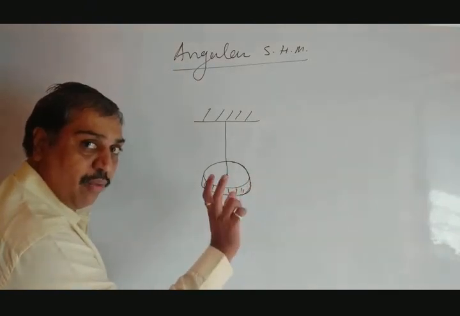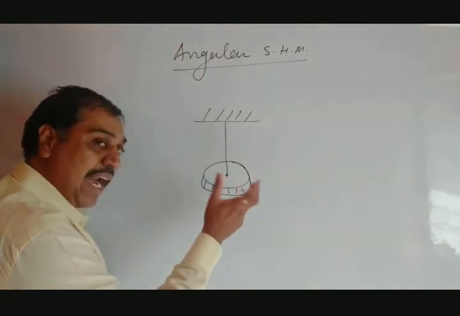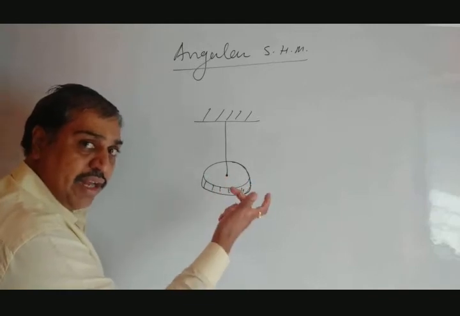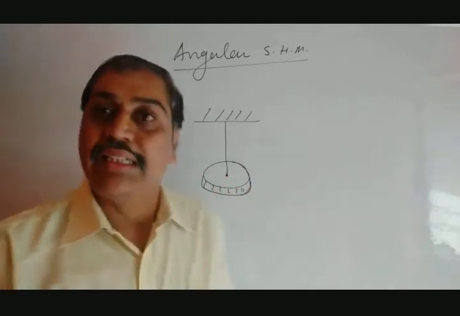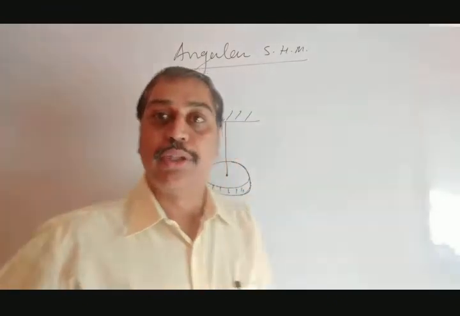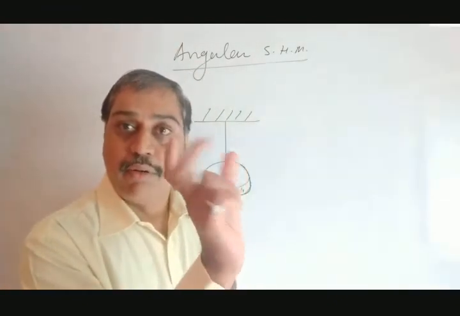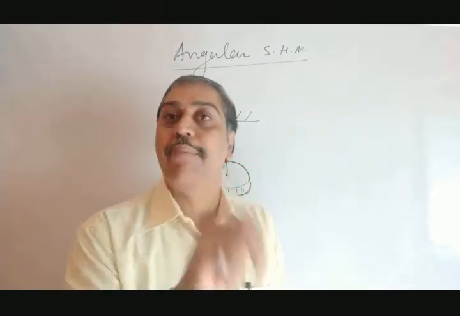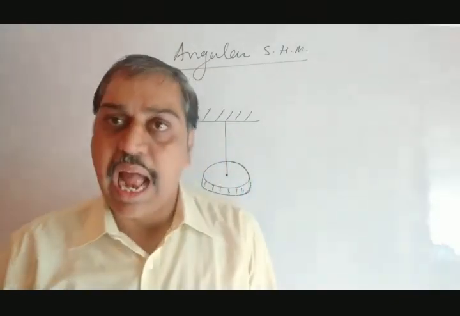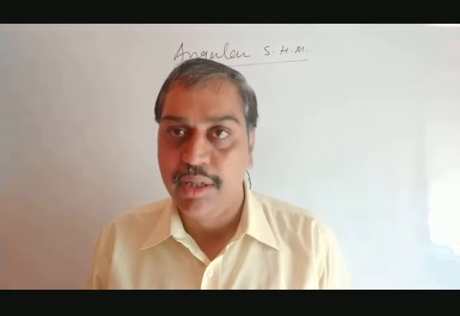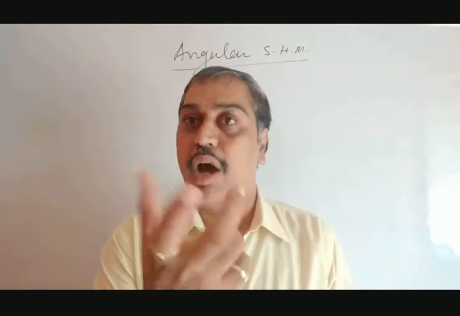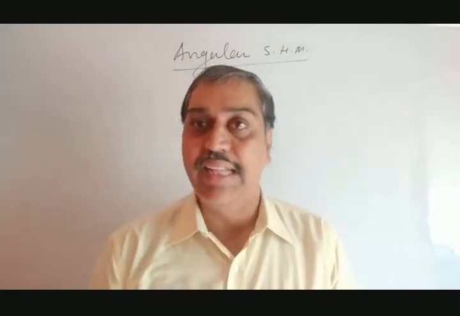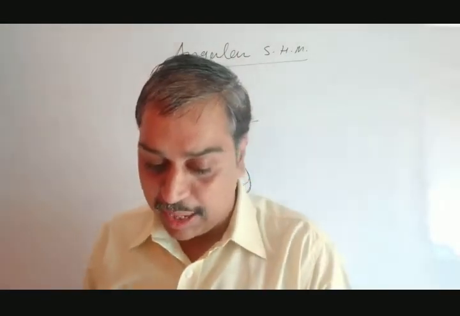It will move clockwise, anti-clockwise, and that motion repeats again and again in equal intervals of time. That is angular motion, because it rotates, goes back, comes to the original position again, and goes back again. That type of motion is said to be angular simple harmonic motion because it moves along a circle, or we can say an arc.